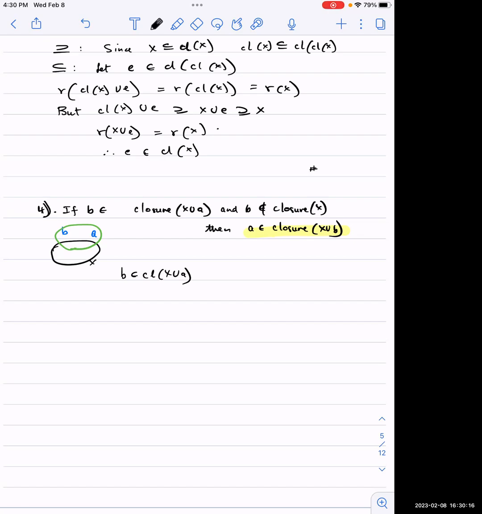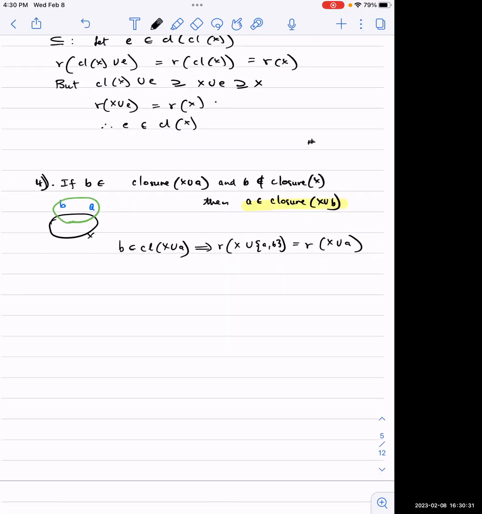It means that the rank of X union AB is equal to the rank of X union A. That's by the definition of closure.